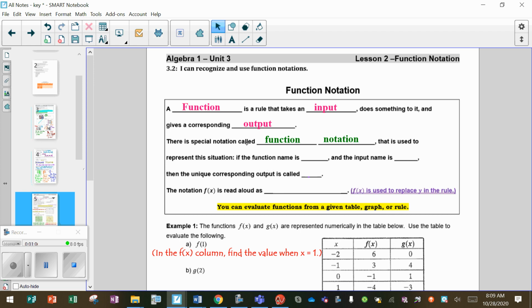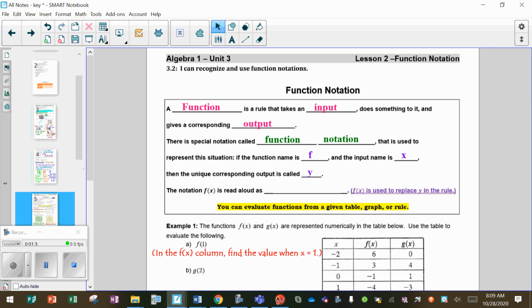The special notation called function notation is used to represent this situation. If the function name is f, you can use any letter, but lots of times mathematicians will use f for a function because the word function begins with f. The input, the domain, the independent variable, that's the x, and the corresponding output is the y values.